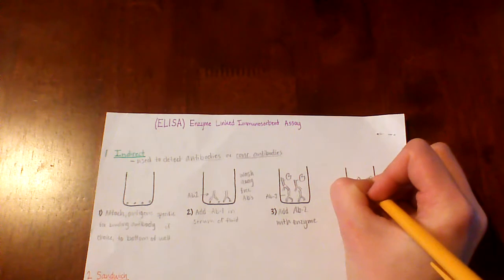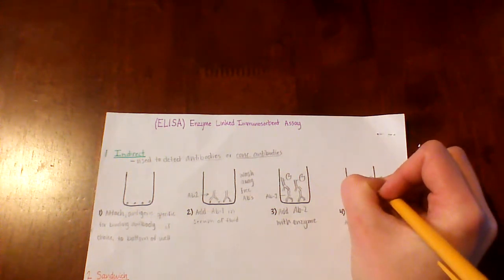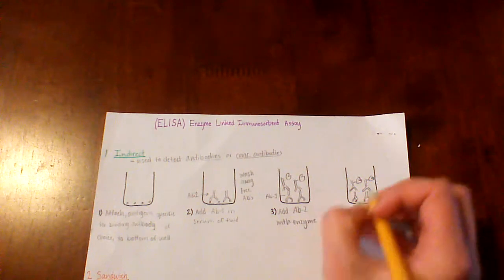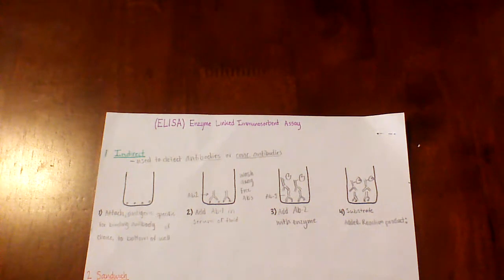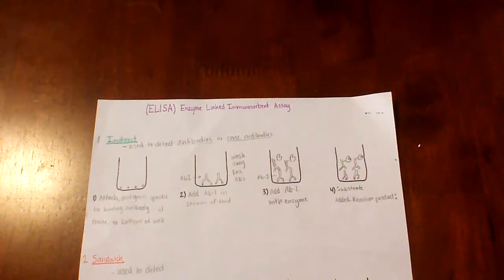Okay, so here I'm going to draw the substrate bound to the enzyme. So then the reaction product will either produce color, fluorescence, or luminescence depending on how it's labeled. And then the amount of the product is measured using a specific plate reader.